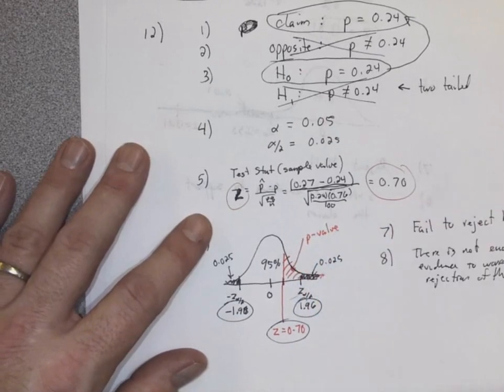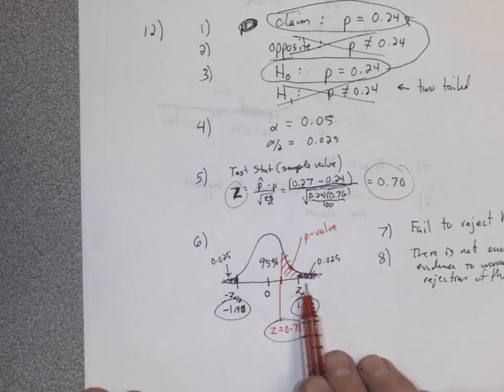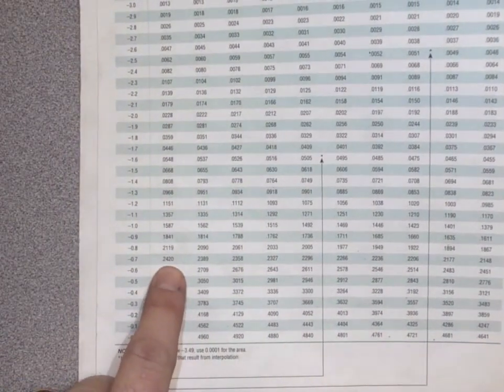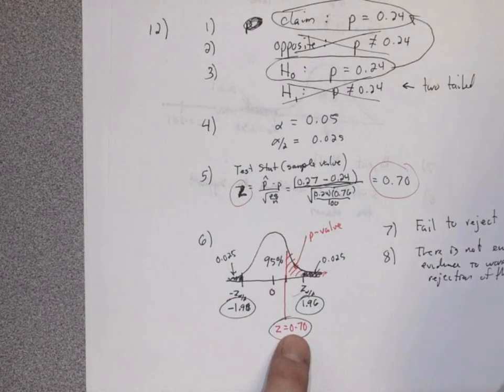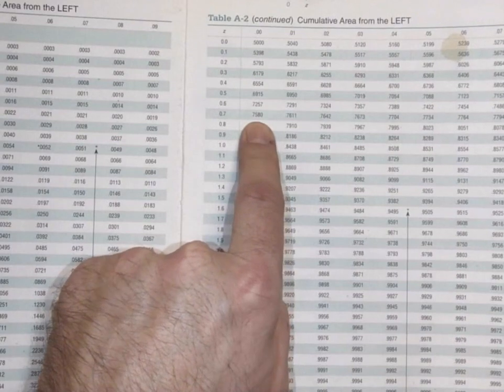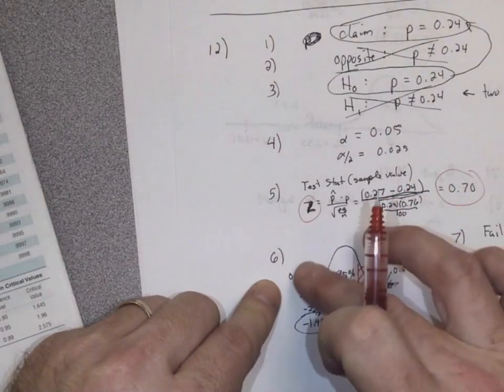If I look at that p-value right there, how you find this area is, remember, this is a z-score, so I know how to find the area to the right. So what you do is you go over that 0.7, no, it's not negative 0.7, it's positive 0.7. So what I get for positive 0.7 is 0.7580, right? So that means this area to the left is 0.7580.